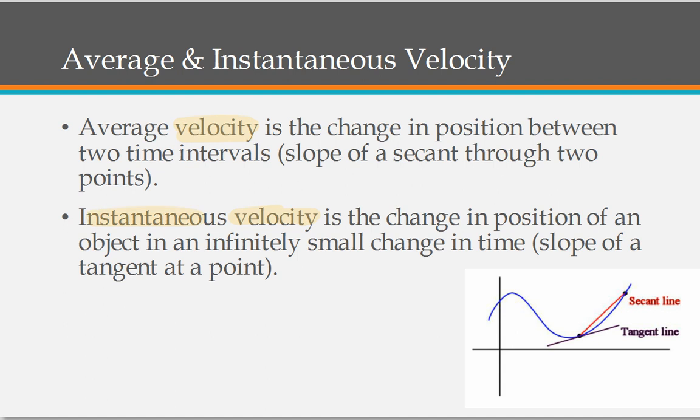You have instantaneous and you have average. Average velocity will be the secant line, and instantaneous velocity will be the tangent line. Okay, let's just think about a situation.